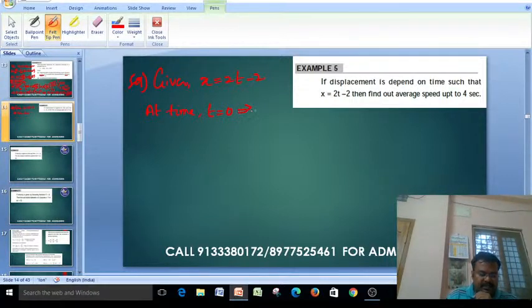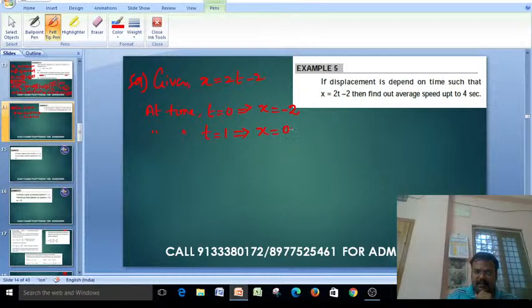What about the displacement of the particle? 2t minus 2. When you take t as 0, you will get minus 2 as the value. Same at the time of t equal to 1, then x is equal to 0 meters.